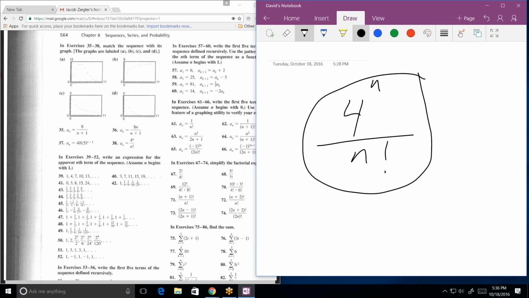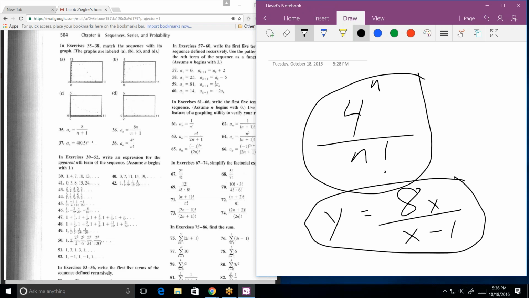What if I gave you the following? What if I said y equals 8x divided by x minus 1? As x goes to infinity, what happens to y? It goes to 8.